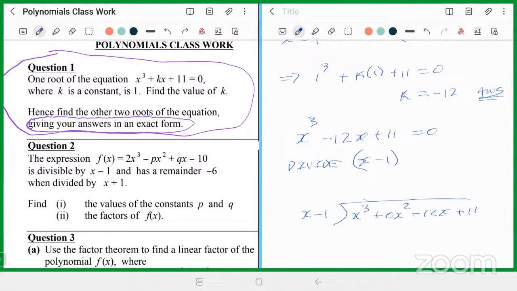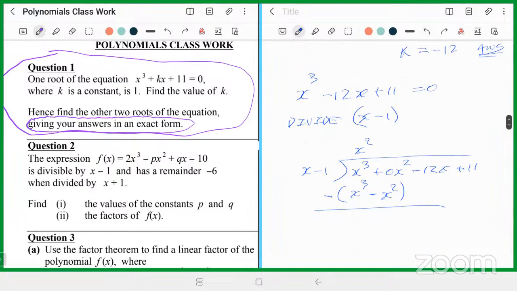You divide this first value by this first value as always. Divide those. We're going to end up getting an x squared. Then it's x squared times these gives us x cubed minus x squared. And then we're subtracting. So it is a negative minus x squared gives us a positive x squared plus 0, which just gives us x squared.